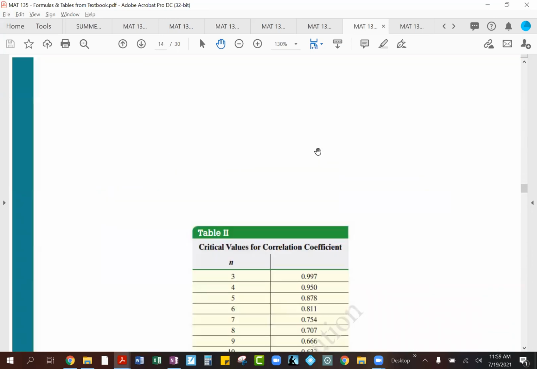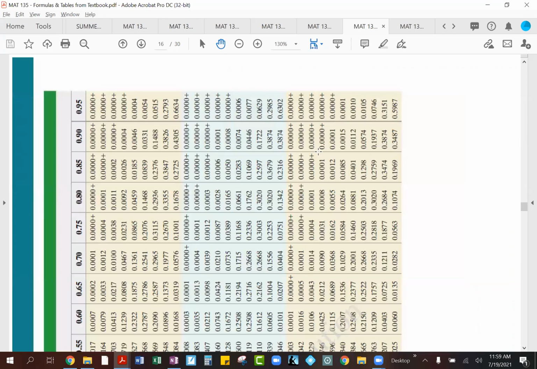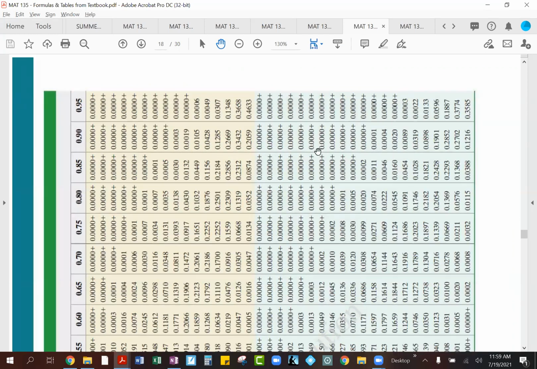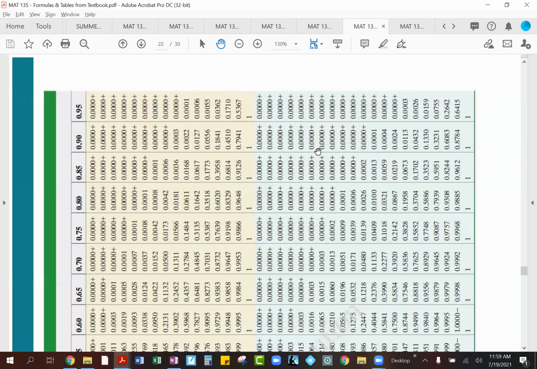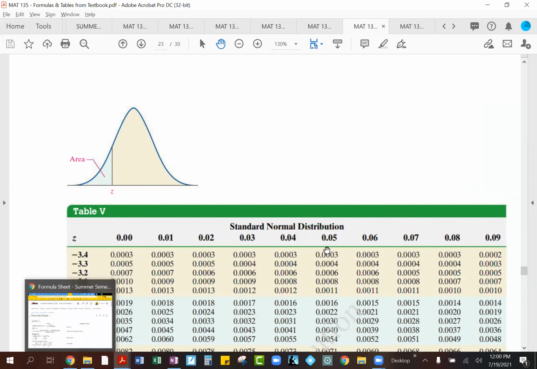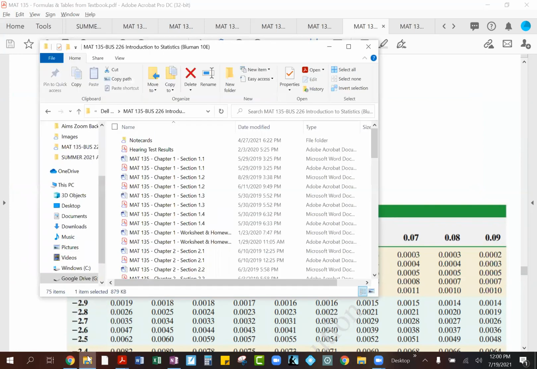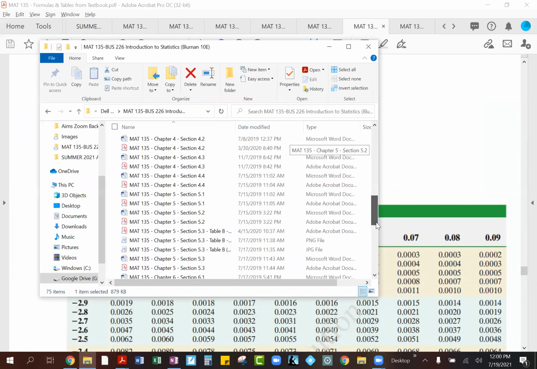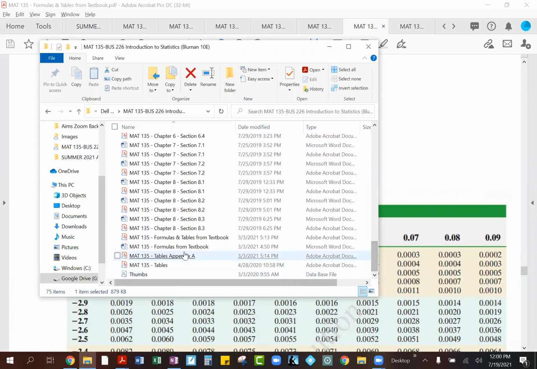But I really like this one because all the tables are there together in one place, so you don't have to go through your textbook pages to try and find it, because we will be using that normal distribution table here again for this chapter. So you guys have already used it in the past, but we'll be revisiting these. So for now, let me see if it will let me send you a copy of this through the chat so you guys can have it, and then I'll post it for the rest of your classmates on D2L.